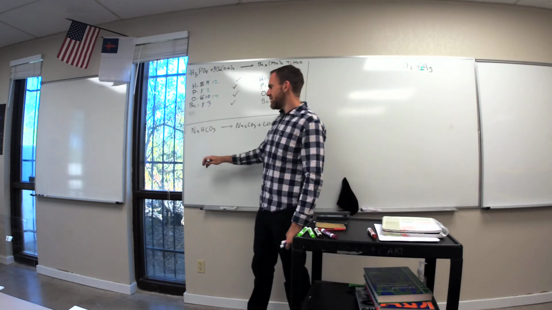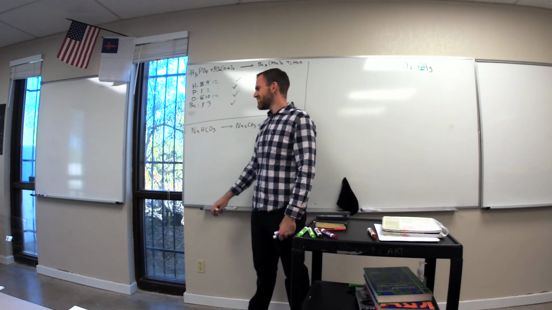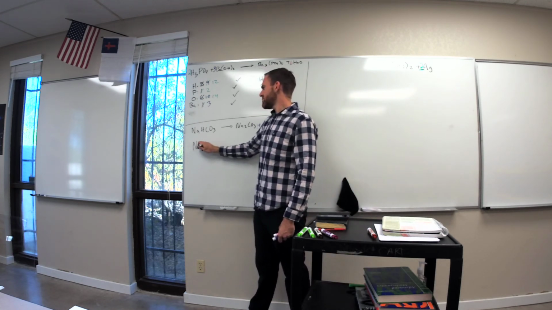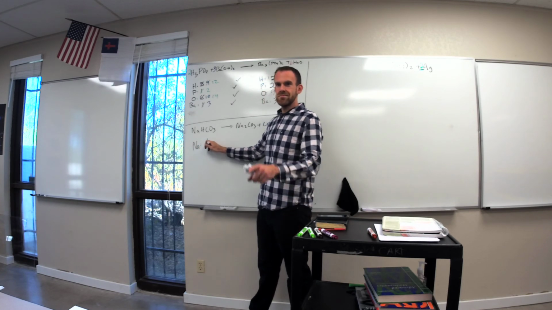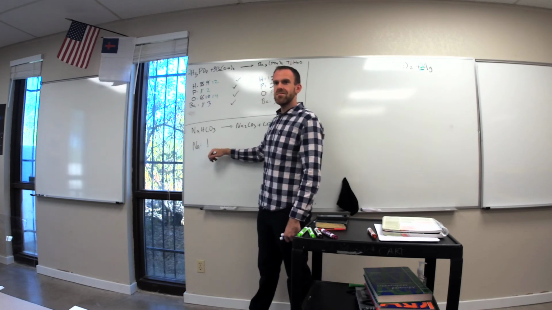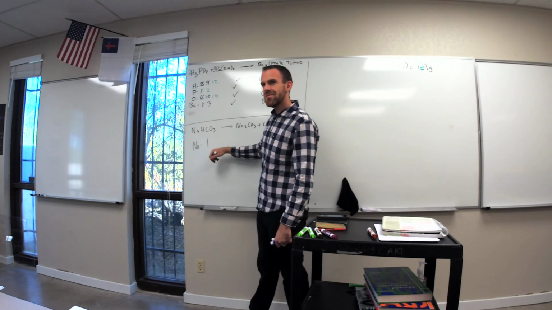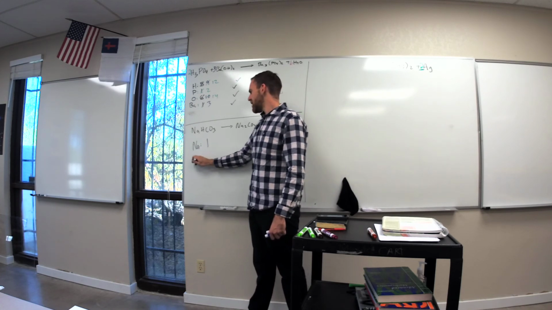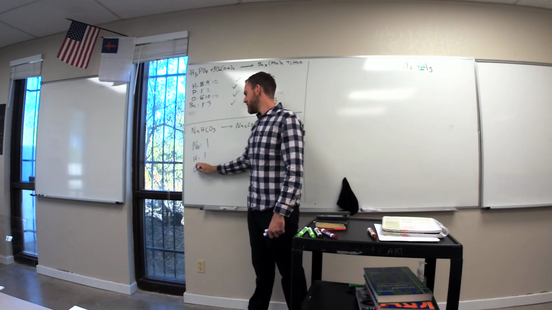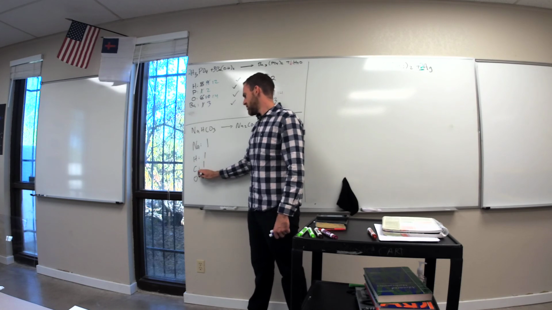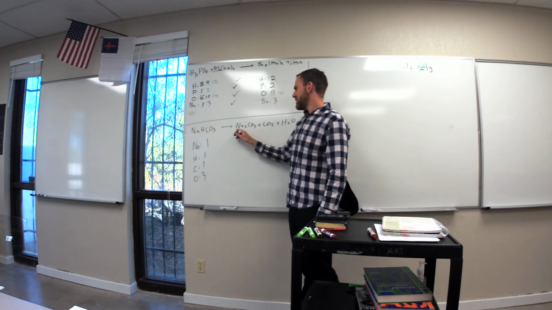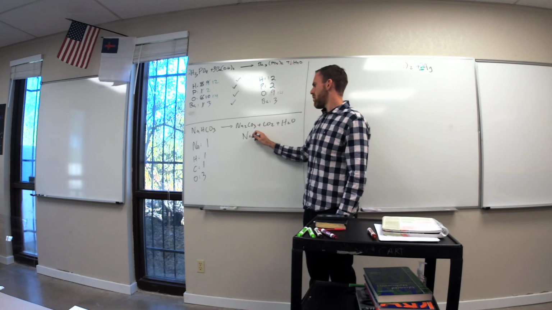On the left side. Sodium. How many? One. Two. Sorry, I meant one. But two. Hydrogen. How many? One. Carbon. One. Oxygen. 3. Right side. Sodium. 2.